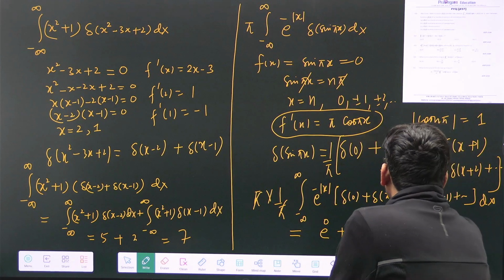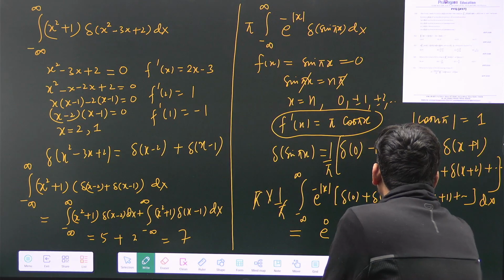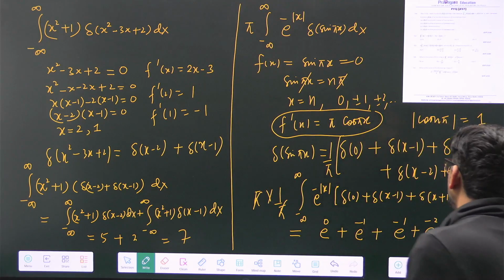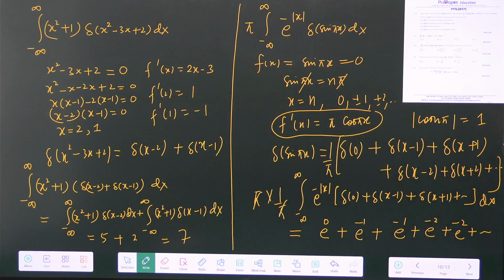Then we have e to the power minus 1 plus e to the power minus 2 plus e to the power minus 2 plus and so on. Okay. अब इसको ऐड करना है.